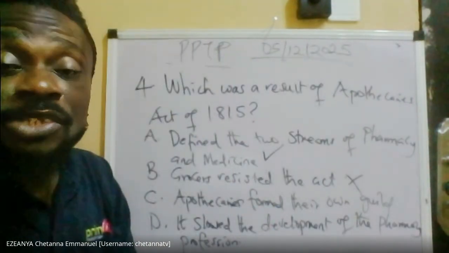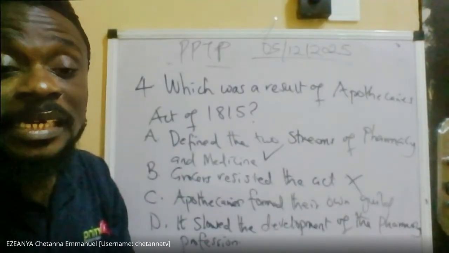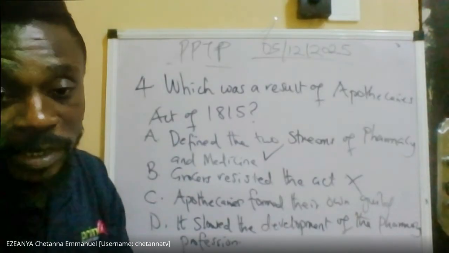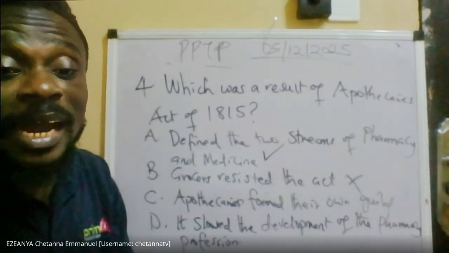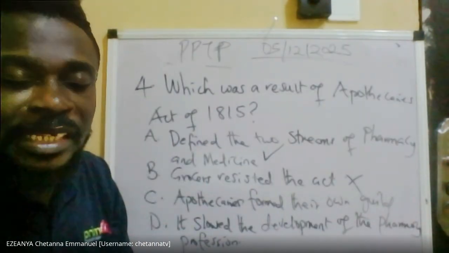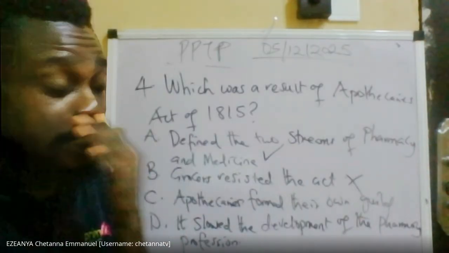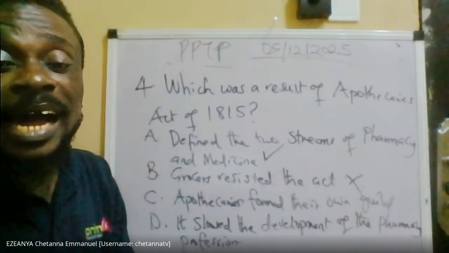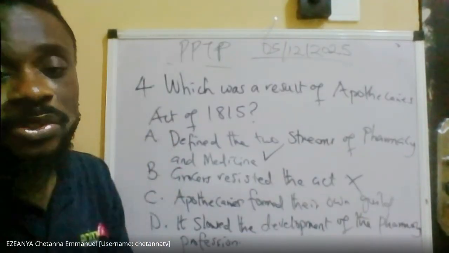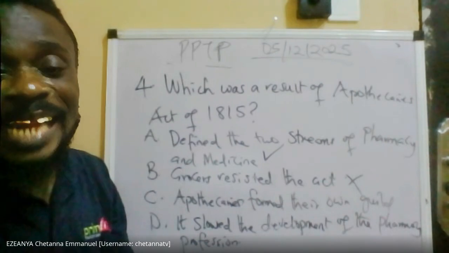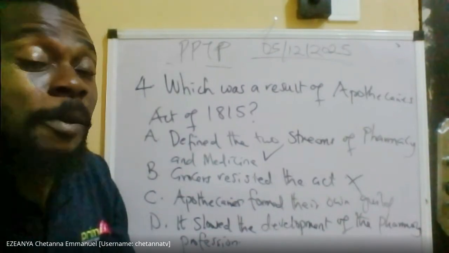So it actually helped to do what? Formalize pharmacy practice. Very important. So this act actually did a lot of changes. In fact, it introduced training. Training and standards for apothecaries were introduced, and at the same time, legal recognition of the role of apothecaries.